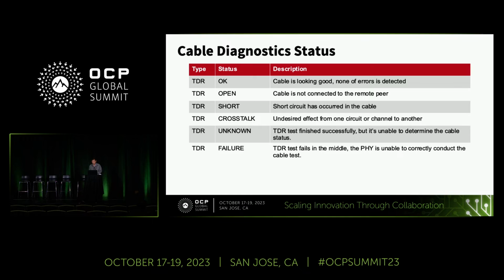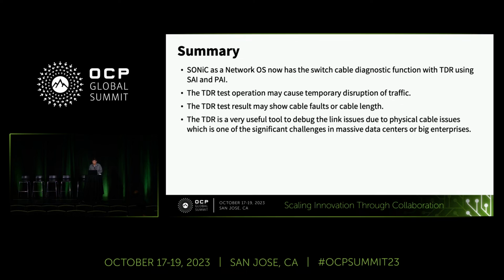We have many pairs of wires, and if you get an inconsistent result, then it will give you unknown. And if for some reason the driver, the PAI, or the SDK couldn't perform the test, then we get a failure. By the way, OK means that on the 4 pairs of wires, every pair is OK.